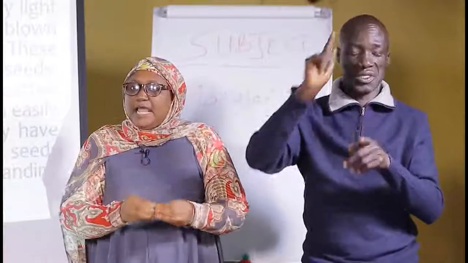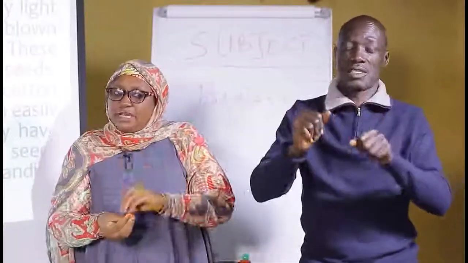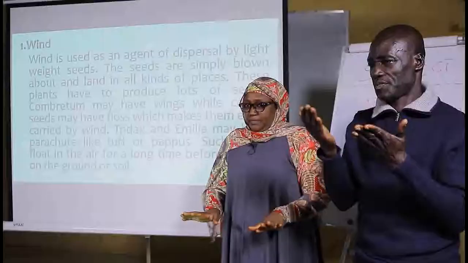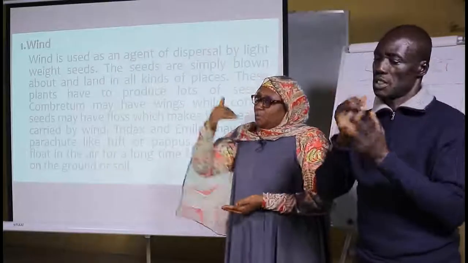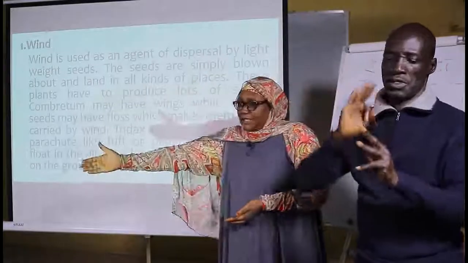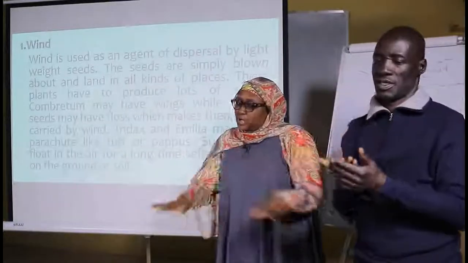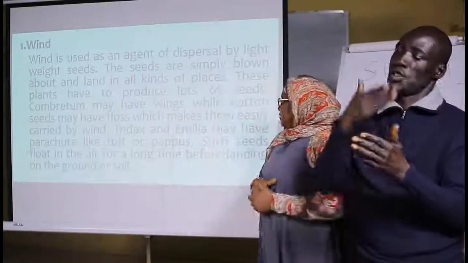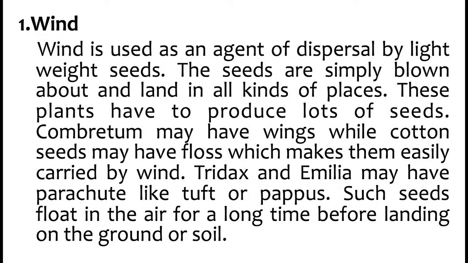So those seeds and fruit that are being dispersed by wind have to be lightweight to be carried from the mother plants to another place. When it goes to that place, it finds a suitable soil, it now germinates into a new plant. An example, we have a plant which we call combretum.